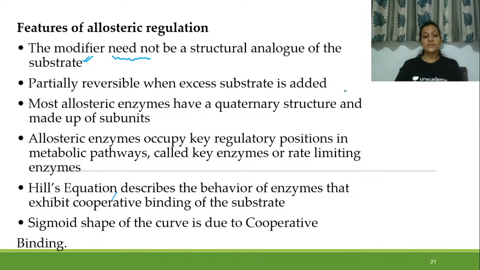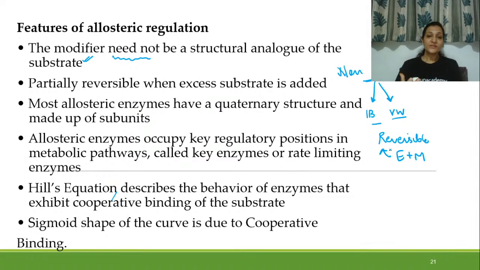So these allosteric regulations are of non-covalent type. The bonding that occurs is non-covalent bonding. What comes under non-covalent bonding is your ionic bonds and your van der Waals force. These types of bonding will be there between the enzyme and allosteric regulator, and the binding between the enzyme and modulator will be reversible.